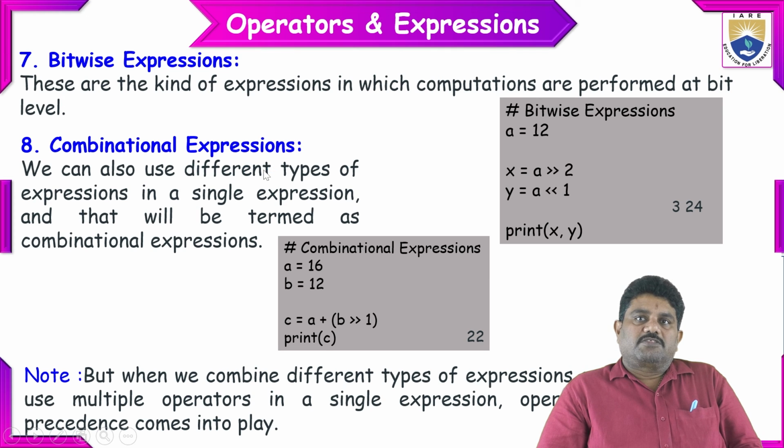Sometimes we may have different combinations of expressions. Here, a + b >> 1 means b has to be shifted 1 bit to the right and then the result will be added to a. Addition is an arithmetic expression and the shift is a bitwise expression, so a combination of expressions is also possible.